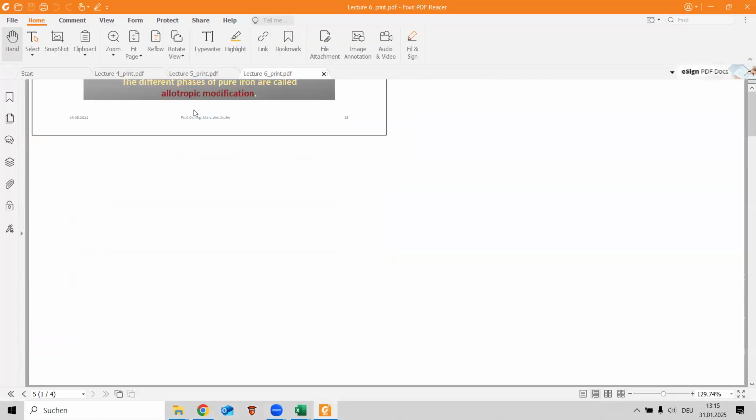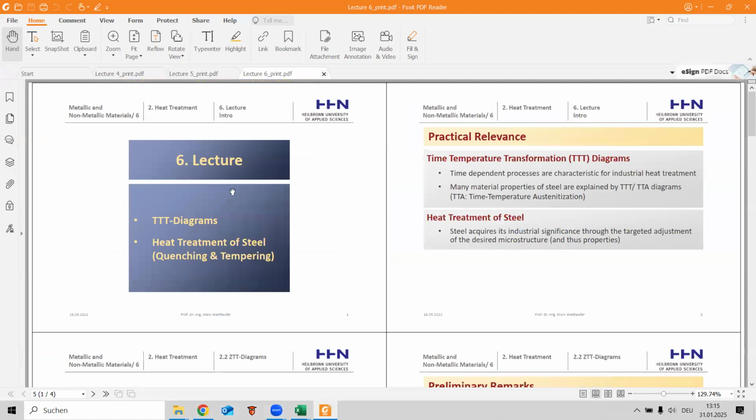Is number 6. So temperature transformation diagrams, heat treatment of steel, quenching and tempering. So temperature transformation diagrams, its time-dependent process are characteristic for industrial heat treatment.